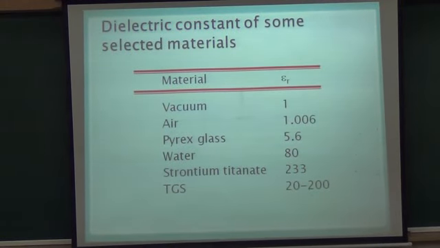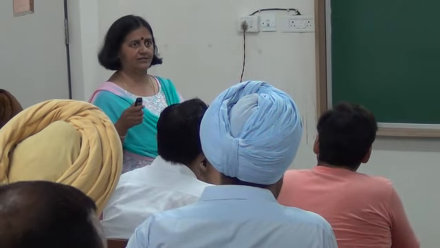Ma'am, how do we define permittivity? We understand that it is a material property, but if we are asked to define it, how do we define it? Its definition comes from the force between two charges, F is Q1 Q2 upon 4 pi epsilon naught R square.